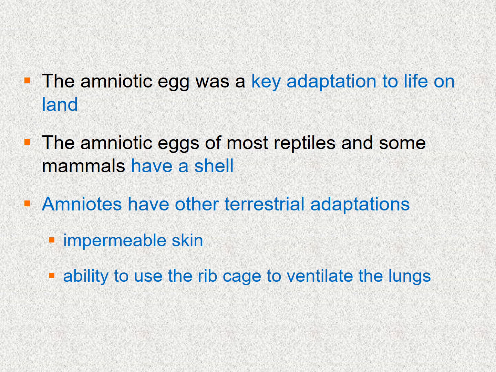They have skin that is impermeable to a lot of materials, so the skin protects them from the environment. And they can use their rib cage to ventilate the lungs, so they can take in and expel a lot more air at one time.